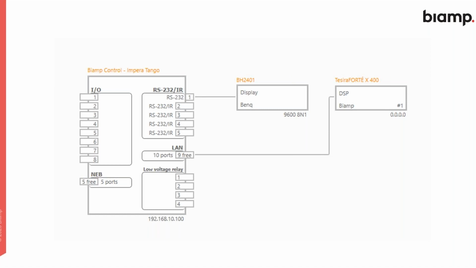So you could have multiple touch panels looking at interface 1 inside the Tango, and multiple touch panels or iPhone apps, or smartphone apps, I should say, and tablets looking at the same interface inside the Tango. So you will never see the devices like touch panels or the app or a tablet, for example, inside Project Designer, because they are just looking at a web page which is built in as an interface into the controller. But you do, of course, see the devices being controlled. So in this case, a display and a DSP.